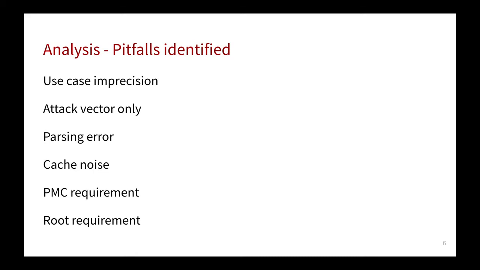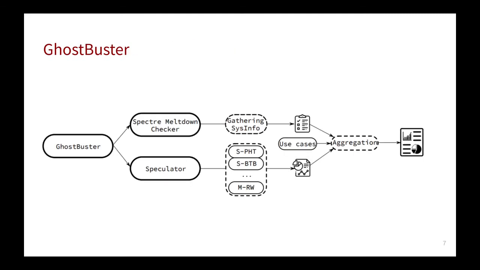Basically, none of the available tools is complete enough to tell us the full picture against transient execution attacks. And so we decided to provide our own tool that we call GhostBuster. Its goal is to avoid all the pitfalls we identified. GhostBuster is not a new tool from scratch, but a hybrid tool that puts together the two methodologies. As you can see, it leverages Spectre Meltdown Checker from the gathering tools, and Speculator from the empirical tools.